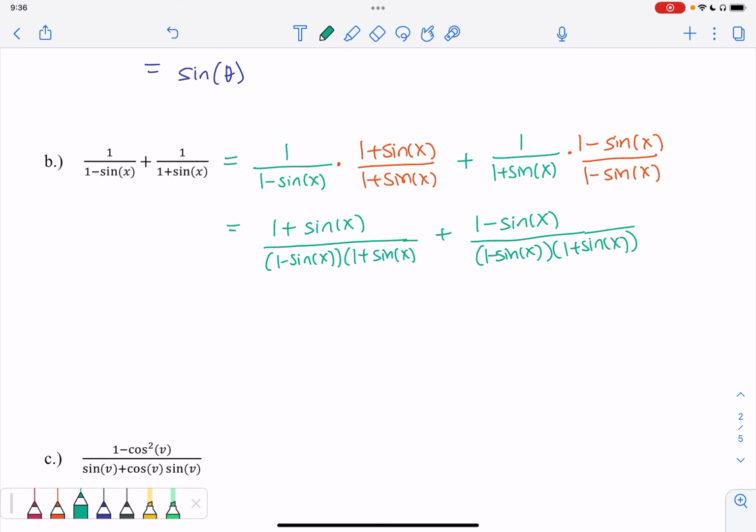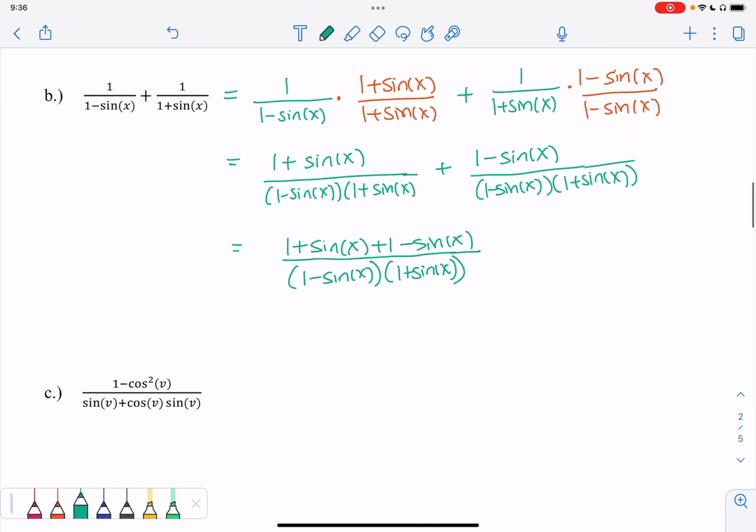Since they're the same, when adding fractions the denominator stays the same, and adding the numerators goes in the new numerator on top. So 1 plus sine of x plus 1 minus sine of x, all over 1 minus sine x times 1 plus sine x.